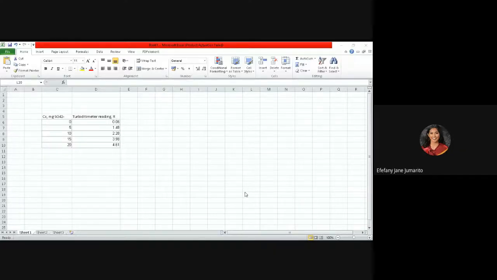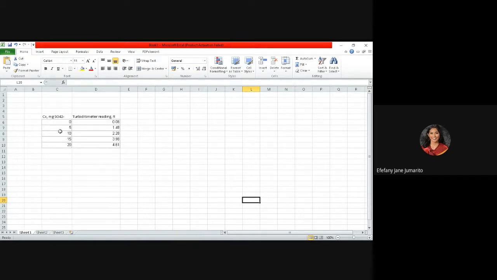That will be easy in your calculator. In your other subjects, in math or physics, you can also use Excel. All right, so we have this in your Excel.